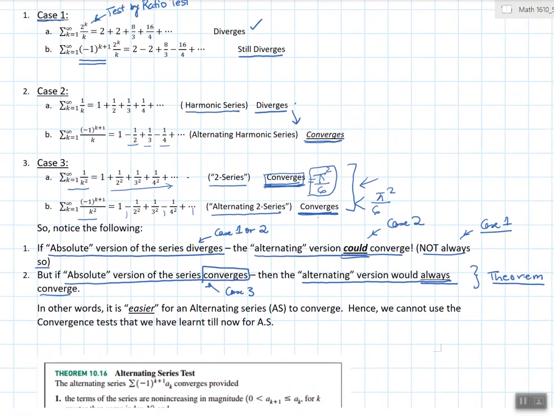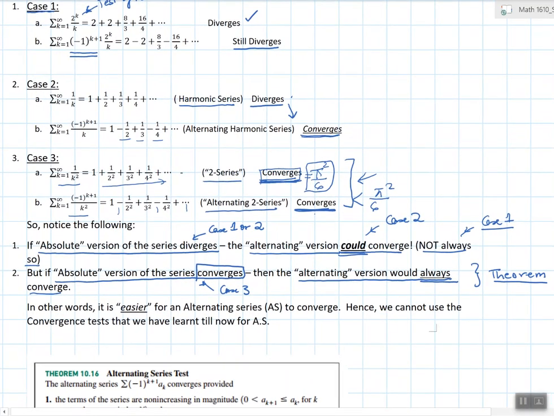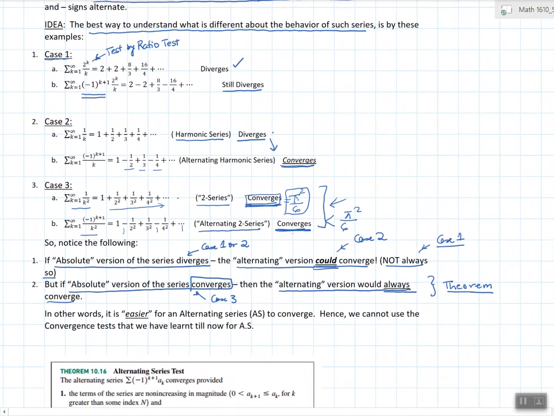So the point here is that the absolute series version has greater requirement. You have more demand on it for it to converge. In other words, it is easier for an alternating series to converge.